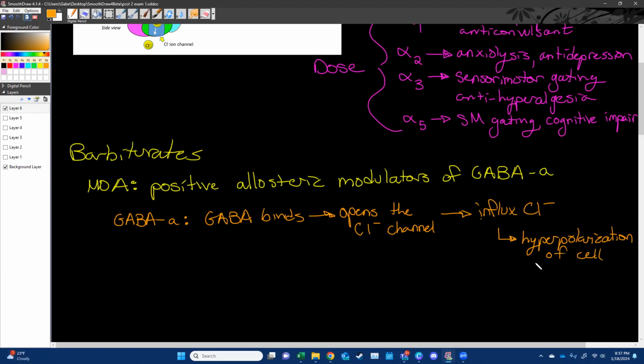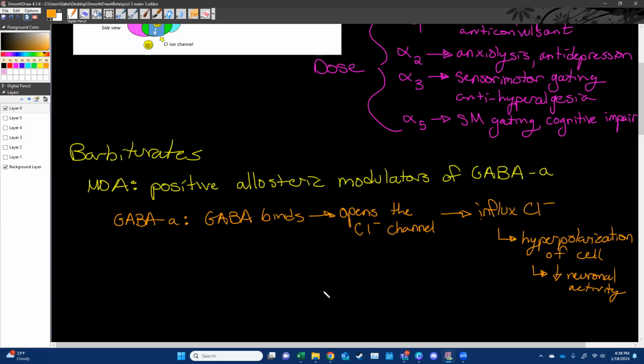If a cell is hyperpolarized, meaning that it becomes more negative, then we get decreased neuronal activity. So whatever neuron that GABA receptor is attached to, now it's going to do its job worse.